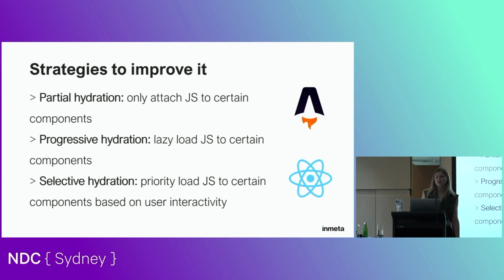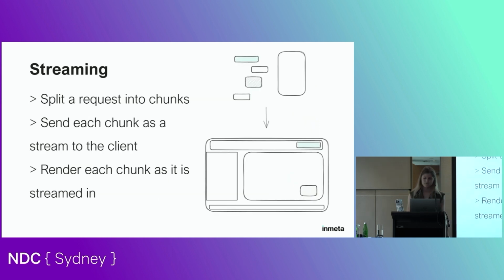With progressive hydration, you can lazily load components' JavaScript, for example, in Astro with client visible or React Suspense. Selective hydration lets you prioritize which component to make interactive first based on user interaction. This can also be done with Suspense. And there are other methods being utilized as well in frameworks such as Qwik, which has its own thing called resumability.